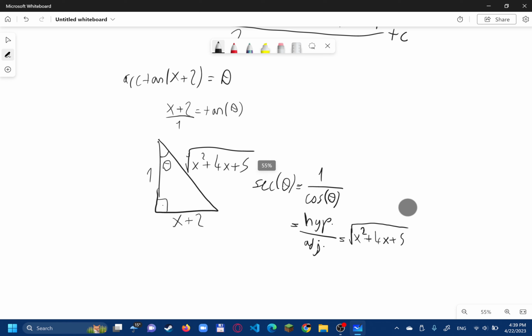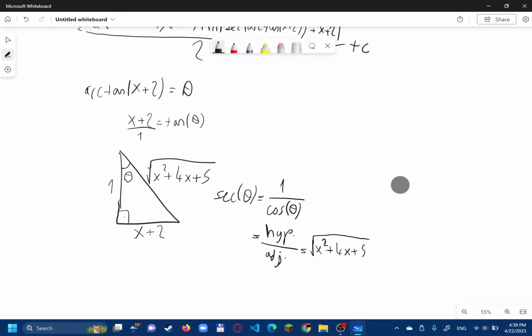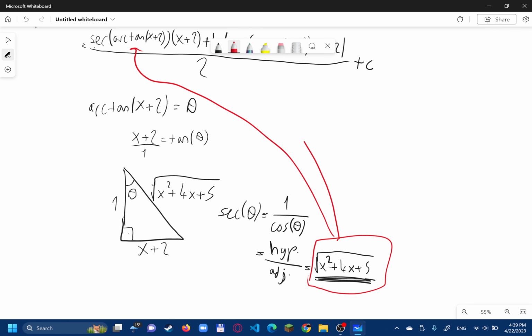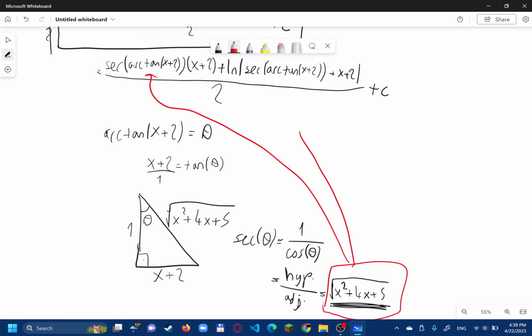So instead of secant arctangent x plus 2, I'm going to be substituting this value, instead of this and the expression inside the natural log.